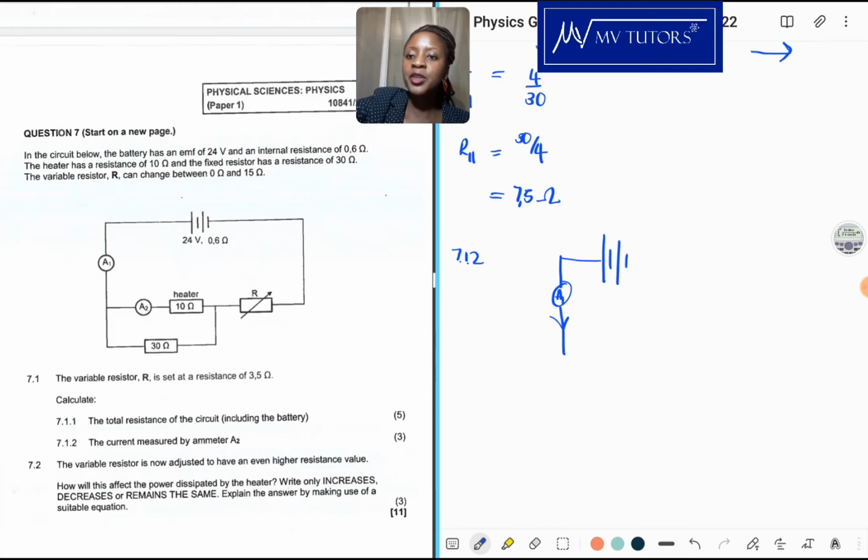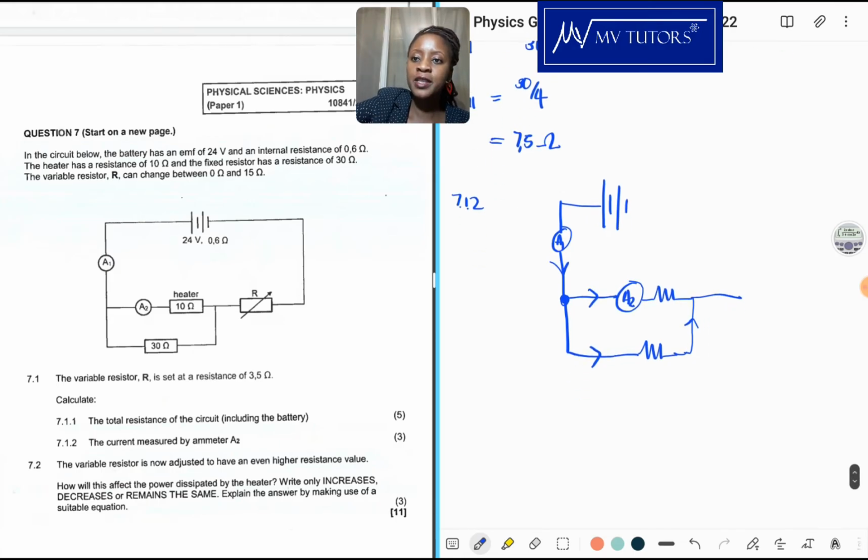Then whatever current you have there at A1, we're going to work it out. It divides into A2, and it also goes there. It's going to pass the 30 ohm resistance, passes the heater, and then it joins up again.